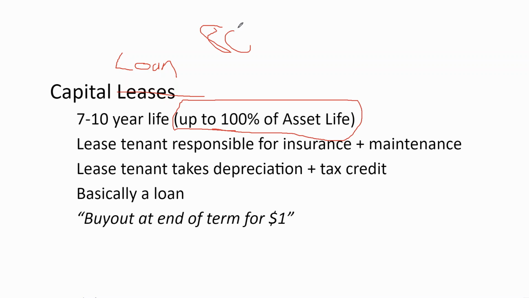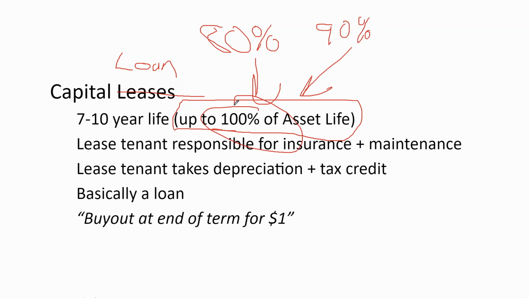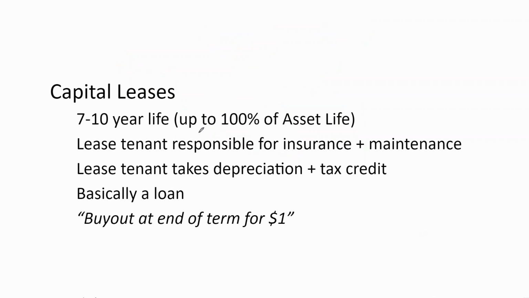So if you go beyond 80% of the asset life, you're now into capital lease territory. A capital lease is for 90% or greater of the asset value. So if you're financing 100% of the asset via capital lease, it's more like a loan.